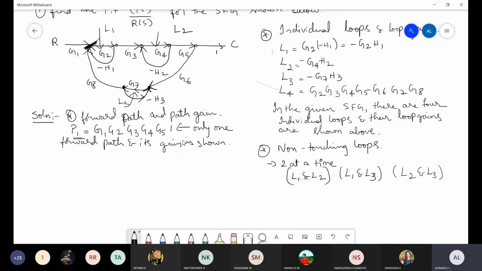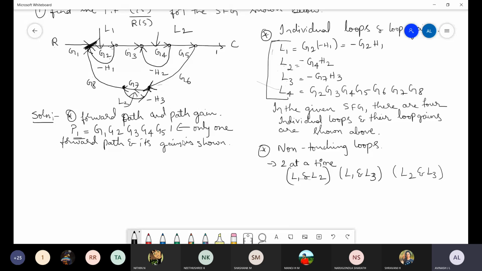Yes, sir. And one important thing I would like to tell you: once you write the individual loops, marking them L1, L2, L3, L4, don't look at the signal flow graph directly for writing the non-touching loops. Why? Because sometimes you may miss out any one pair. That is why it is always better to check from the loops you have written. Check L1 with L2 so that nothing will be missed out.